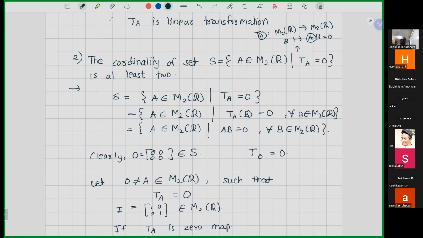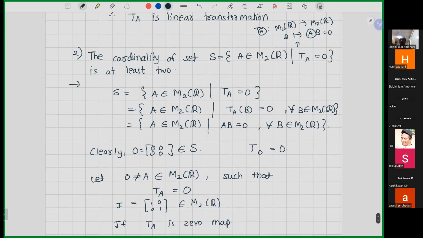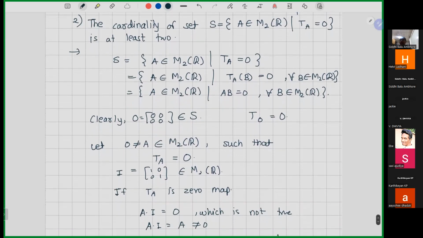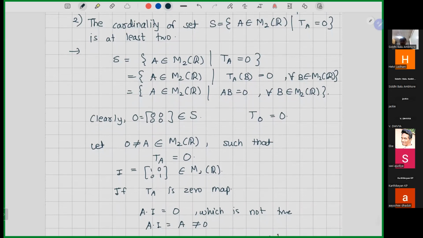Jackie, any doubts, or is it clear now? I'm not talking about TA being injective or not. I'm just looking for the matrices which will give me the zero map. Okay, great, so you got it.